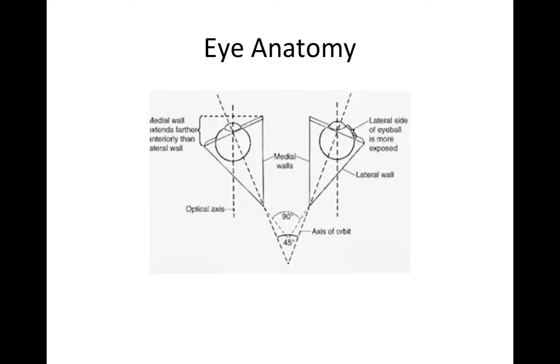When you think about the orientation of the eyeball itself, it is actually not in a perfect orientation. So let's look at this. The medial orbit walls are nearly parallel, but the lateral walls are nearly perpendicular to one another. So the orbital axis is actually 23 degrees from midline.